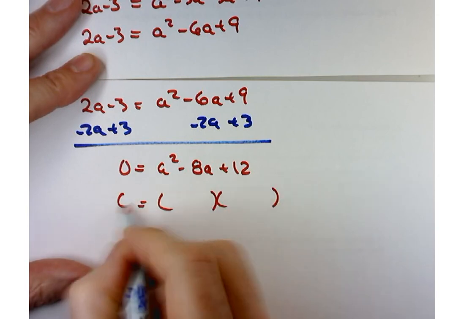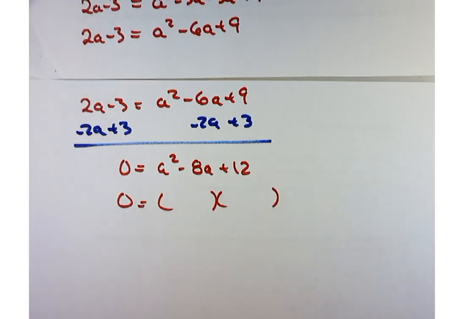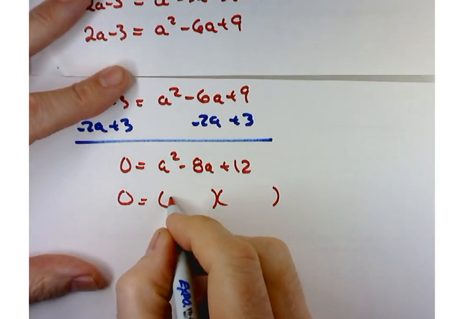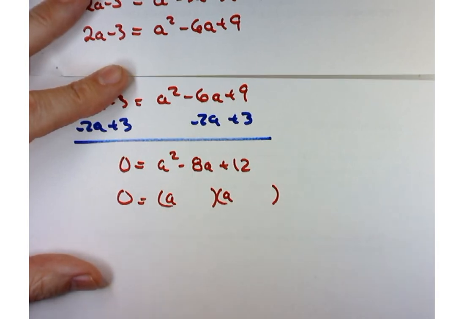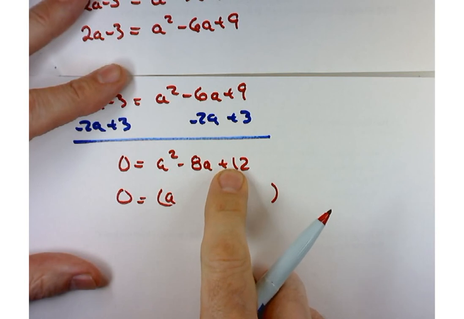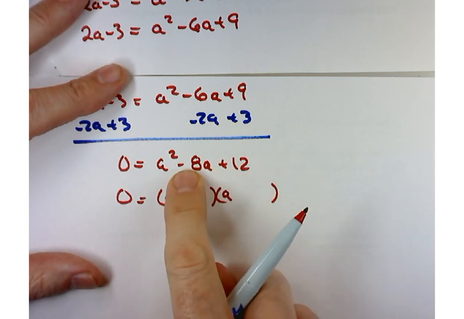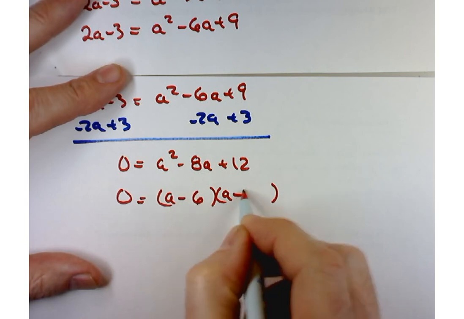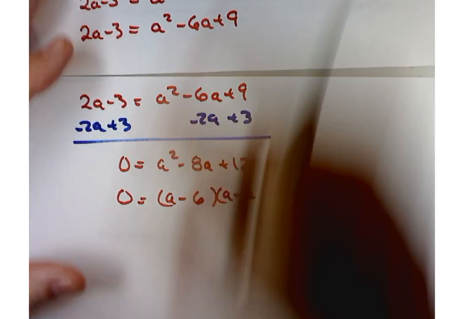Your best friend when trying to solve these things is to try and factor it. So this is why we did all that factoring work back in chapter 8. I know I'm going to need an a and an a here, and two numbers that multiply to 12 and add to negative 8. Negative 6 and negative 2. Perfect.